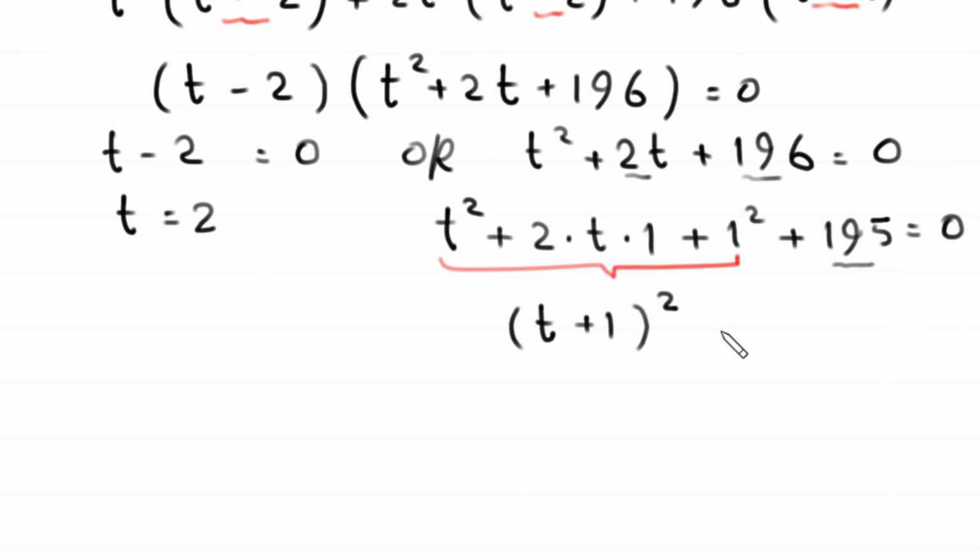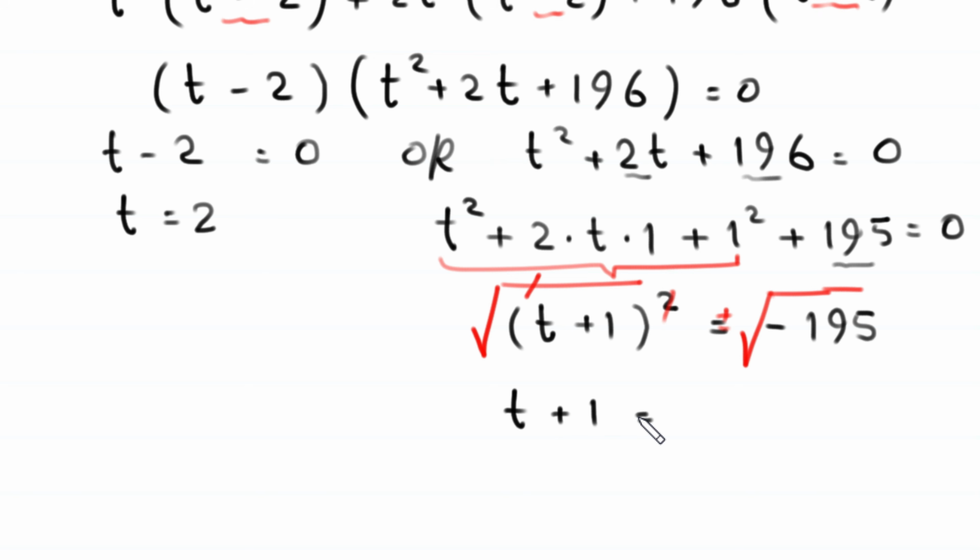Move this 195 to the right hand side, this will become negative 195, and we take square root of both sides. This square and square root cancelled out. This will become t plus 1 equal to plus or minus root negative 195 will become i times root 195.